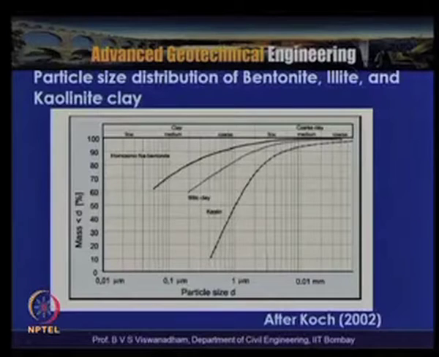And the particle size distribution of bentonite, illite and kaolinite, as we discussed in the previous slide: the sodium bentonite or sodium based montmorillonite has very small fractions of size, and when you compare these three minerals, the kaolinite soil is relatively coarser, illite comes in between, and then followed by the finer bentonite.